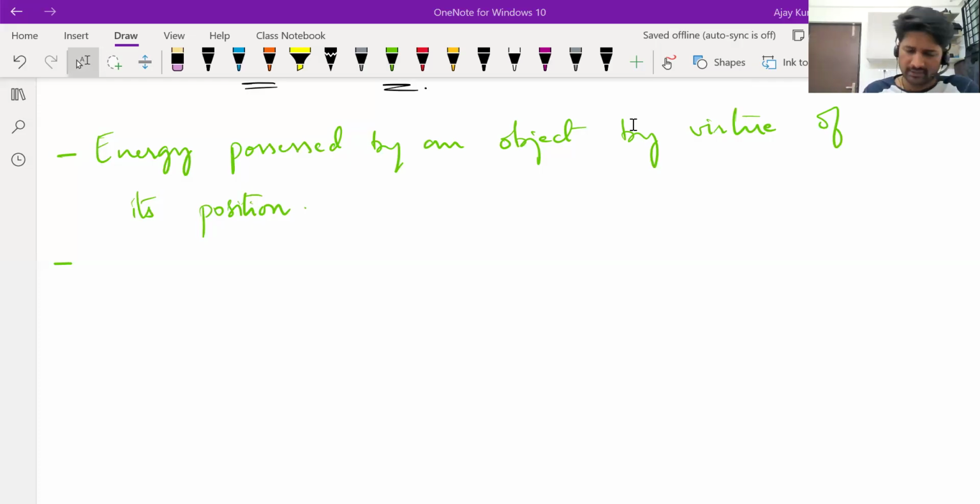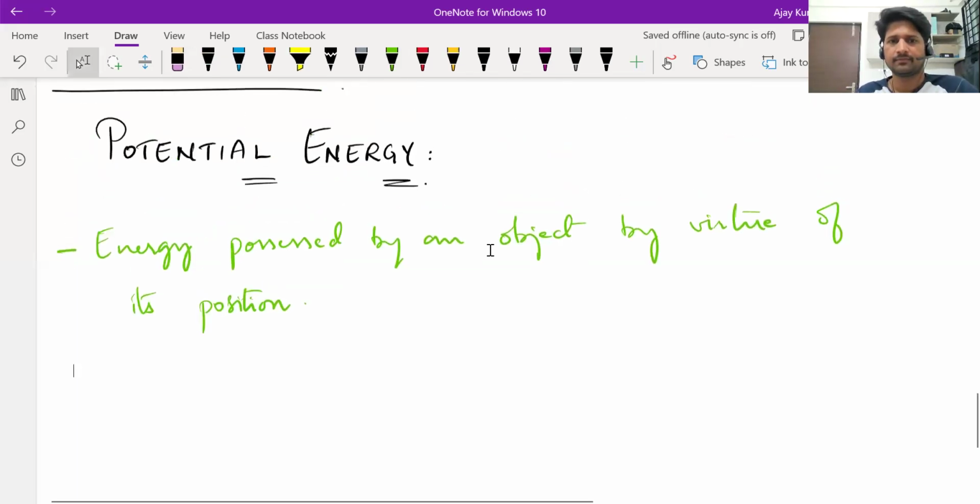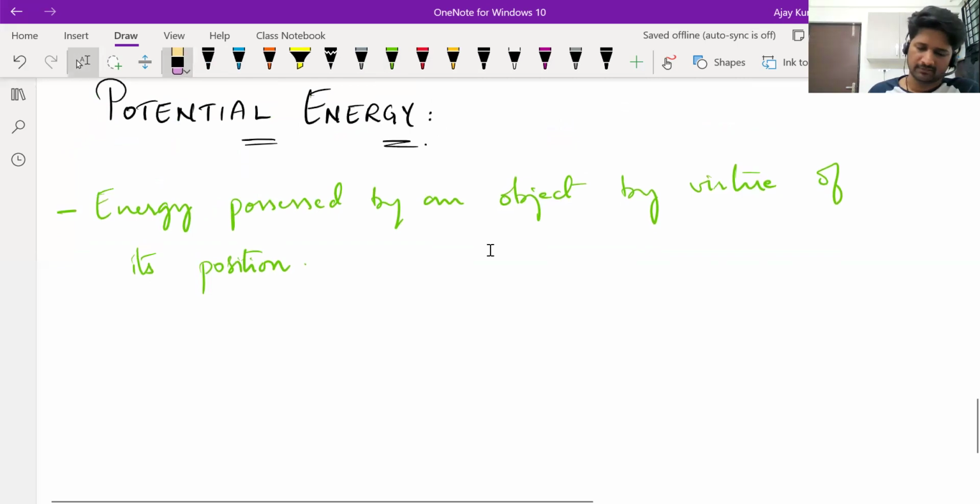No? Okay, let it be. Not an issue. Can you suggest any situation where an object has potential energy? Or do all objects everywhere have potential energies? Fine, fine.